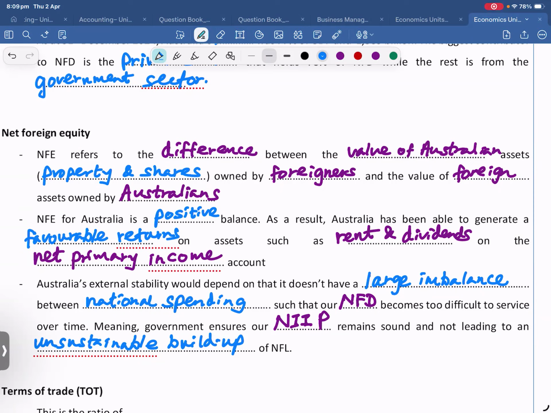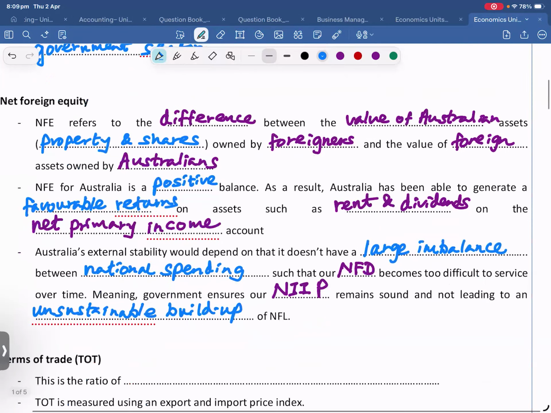Would it be in the balance of merchandise trade? No, not merchandise trade. We record it in the net primary income. Remember, I told you factor incomes are recorded in the primary income. Yes, net primary income.